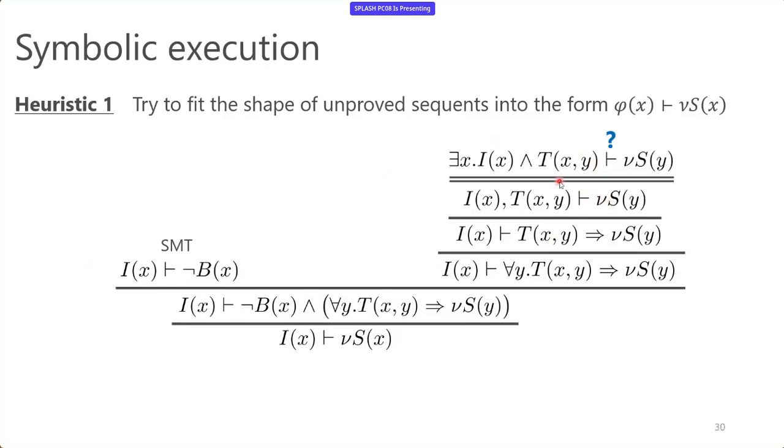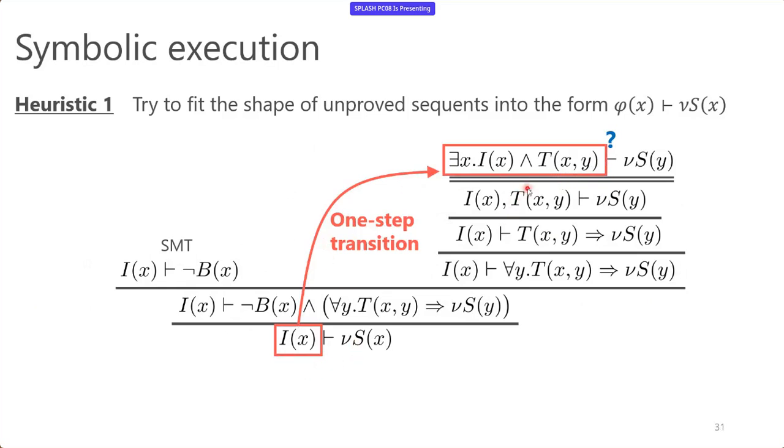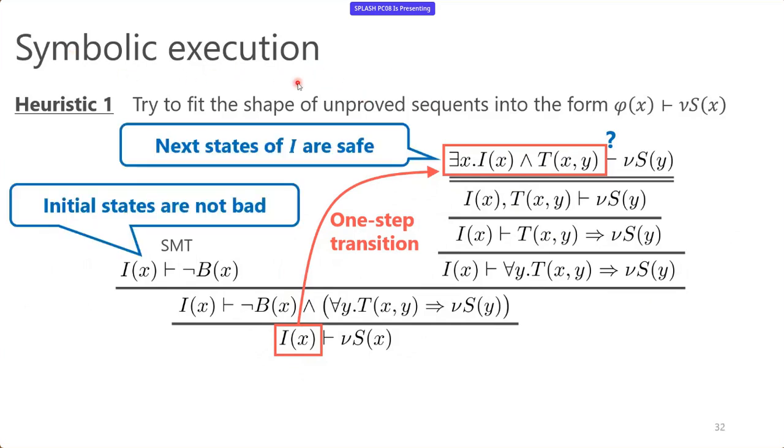Please note that from this goal, we obtain this sub-goal, and this corresponds to a one-step transition, one-step symbolic execution. Also, this sub-goal requires that initial states are not bad, and this sub-goal requires that next states of I are safe.